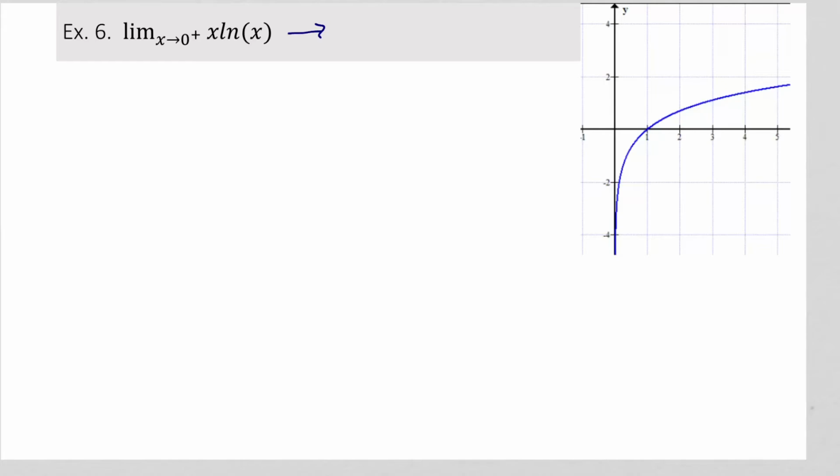So that's 0 times the natural log of 0, the limit of the natural log of 0 as we're approaching it from the right. So I've inserted this little picture here so that you can see what that limit is. As I'm approaching it from the right, it approaches negative infinity as the closer I get to 0 from the right. So that means I've got 0 times negative infinity.